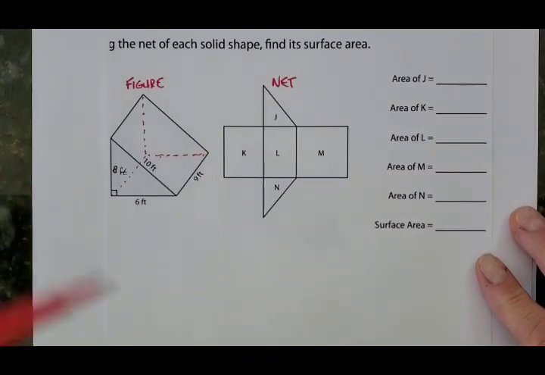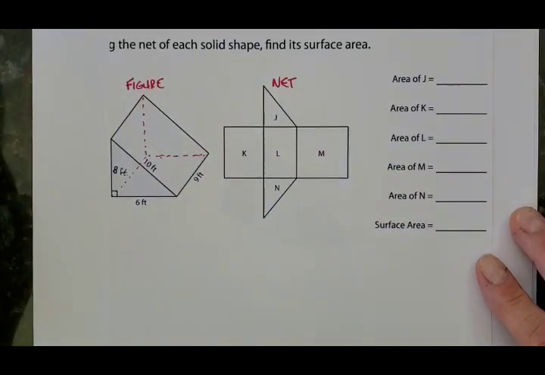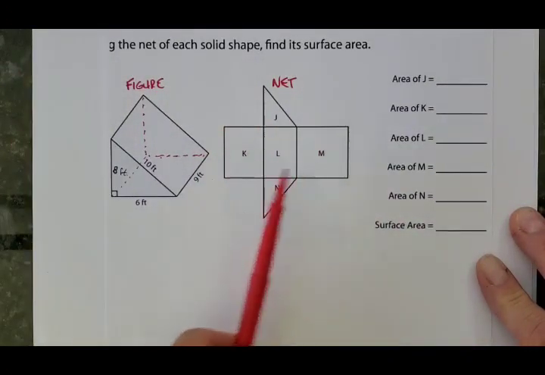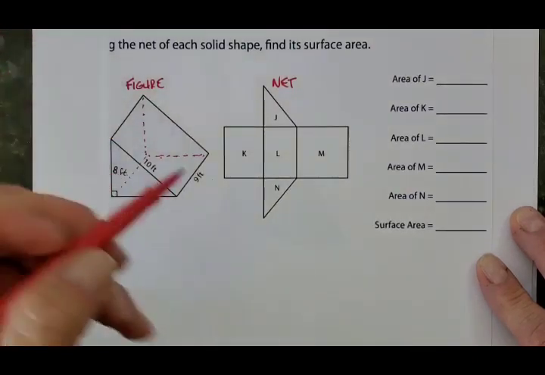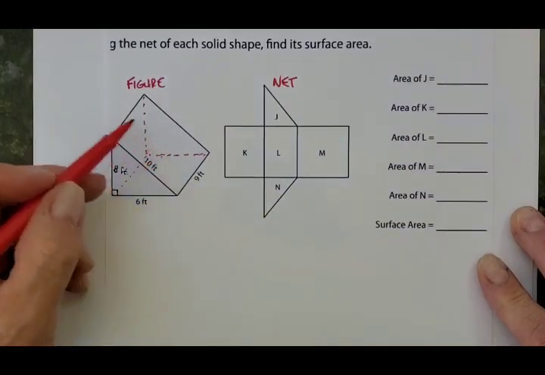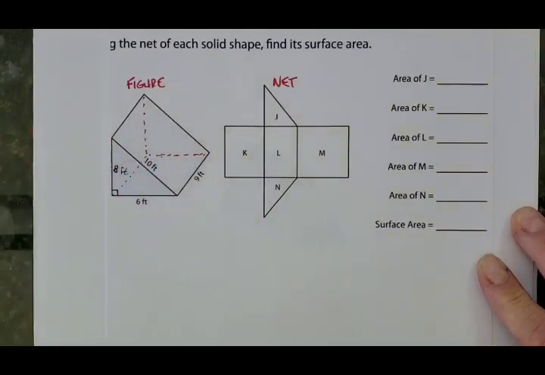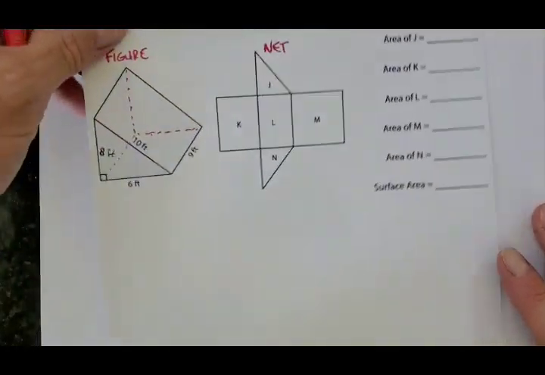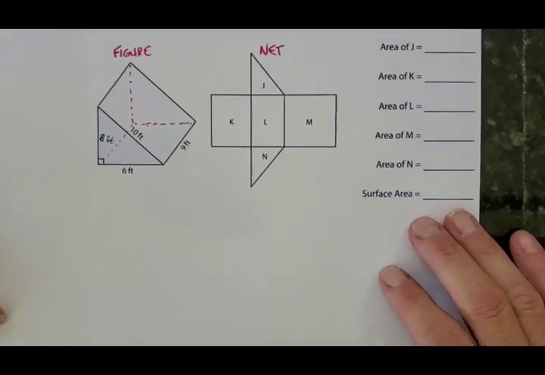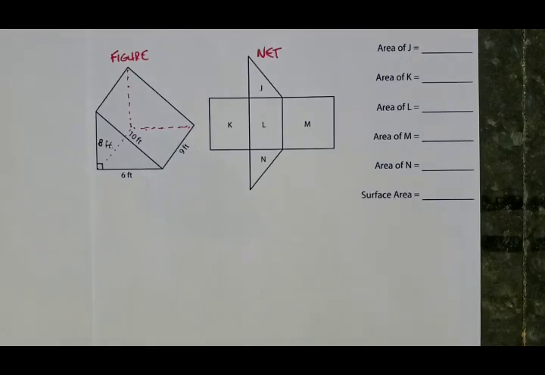So this reminds you that there are 5 sides. Okay, I'm not big on finding surface area from the net or from drawing a net, but that might be something you might do. So a triangular prism has 5 sides: one here, one in the back, and then the 3 rectangles that basically connect the triangles. Okay? So we are going to continue to find the surface area of this triangular prism.